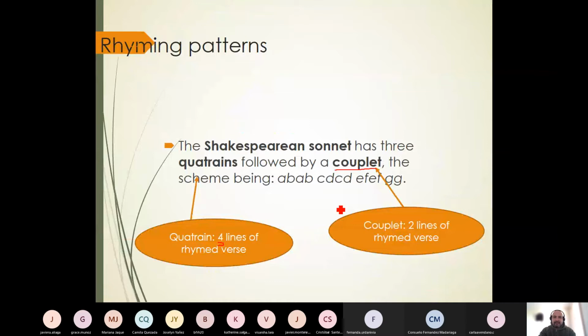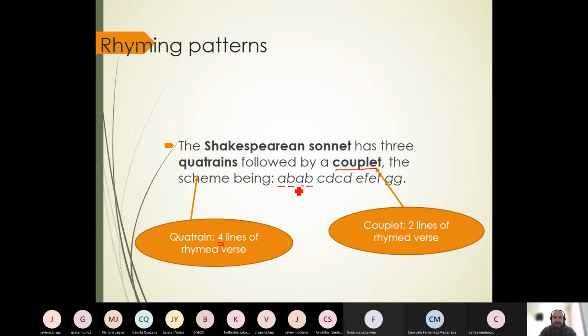And they follow a specific rhyme scheme, or a rhyming pattern. That is, the first line ends with a sound that rhymes with the word in the third line. And the second line ends with a word that rhymes with the word in the fourth line.